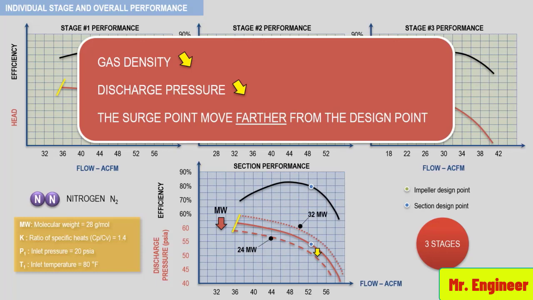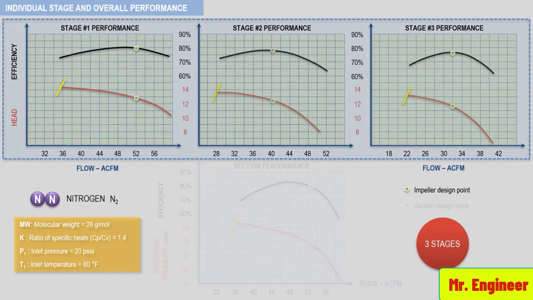This concludes the section concerning individual stage and overall performance. One last thing I want you to know before moving on to the next video is that individual stage performance curves are vendor proprietary information and are not reproduced.